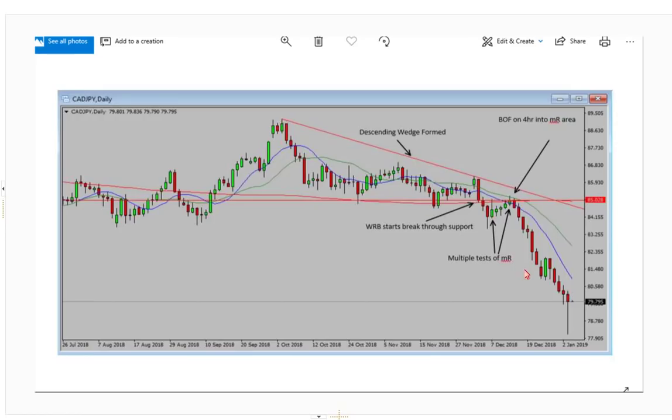in December, and it's not a pair that I trade. It's not on my list, but it was a pair that was talked about in the room, so I just had it on the watch list to see what it would do. And we see what happened here. I've got this labeled descending wedge pattern forming.